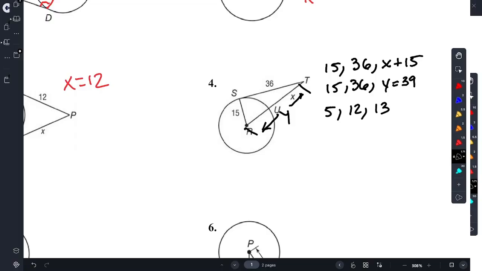So y is 39, yeah? But that's not the question. What's x? Well, x plus 15 makes 39, right? The radius, 15, plus x makes 39, so it's really easy to figure out what x is. And see how you avoid the quadratic that way. Yeah? So what is this, 24? 24.